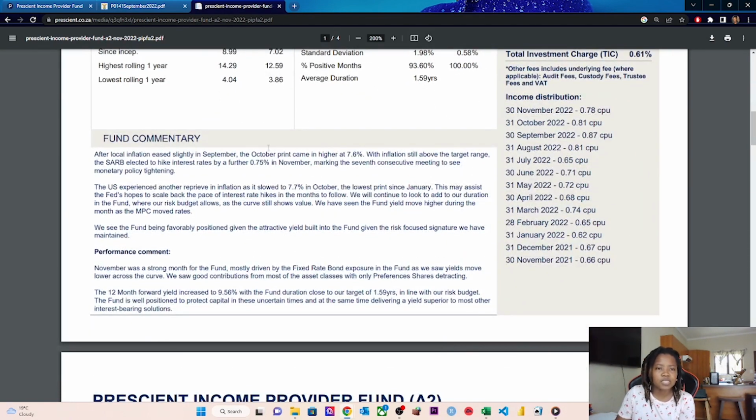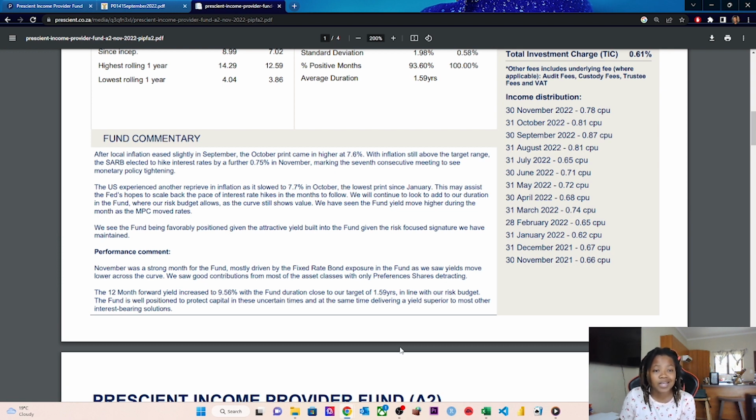Okay, so fund commentary. They basically say for November 2022, after local inflation eased slightly in September, the October print came in higher at 7.6. We saw that, right? The CPI. With inflation still above the target range, so the target is about 3 to 6%, the SARB elected to hike interest rates by a further 0.75 in November, making it the 7th consecutive meeting to see monetary policy tightening.